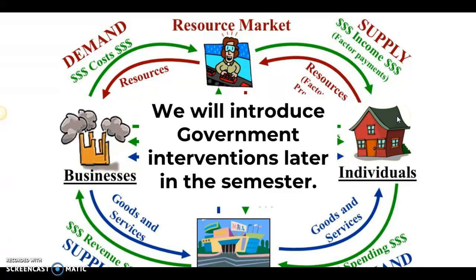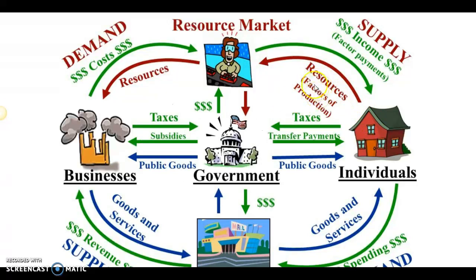Or you can look at it from the other perspective. Households, individuals, we give our resources, the factors of production, at the resource market. It's bought by businesses. The resources are then used by businesses to create goods and services, which are now a finished product in the product market and are sold back to individuals.